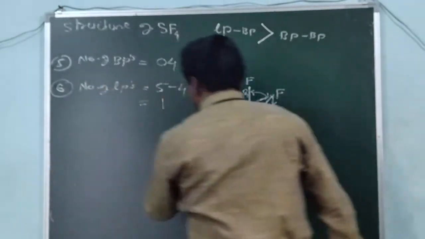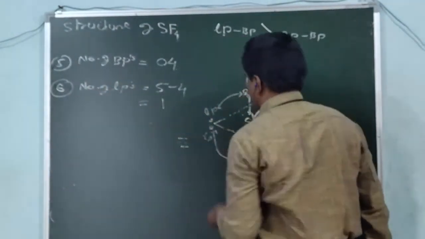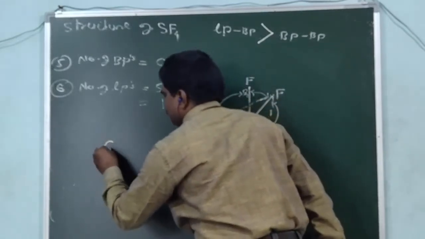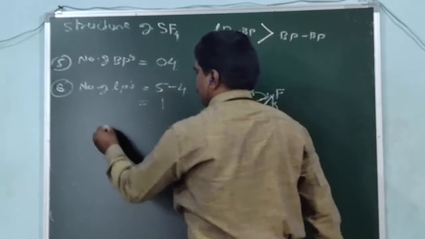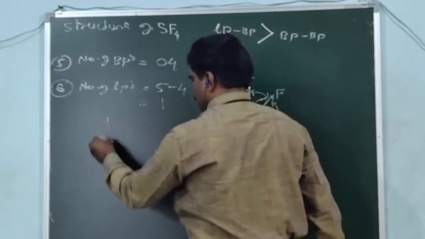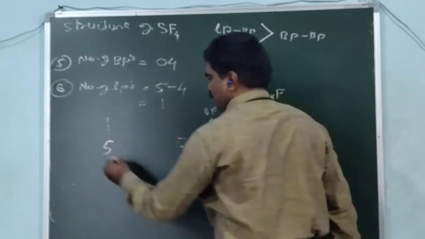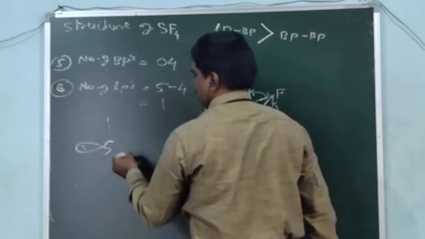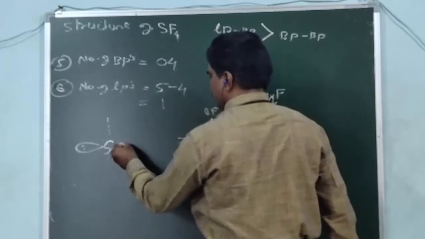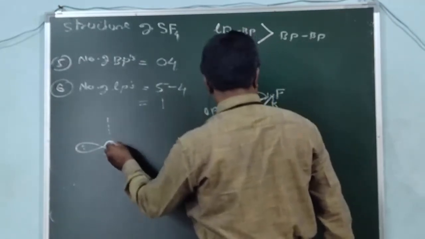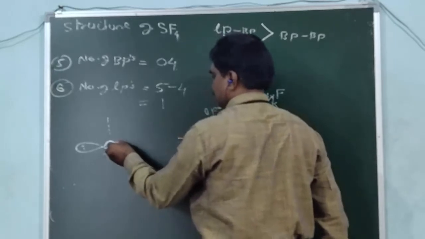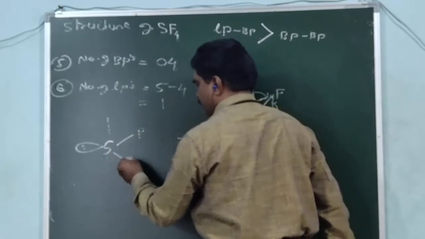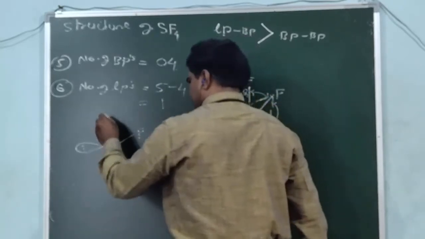So what would be the net shape of the SF4 molecule? Suppose here there is a sulfur. Then suppose this is the original position if you show. Here there is a lone pair. Now here there is one F, here.